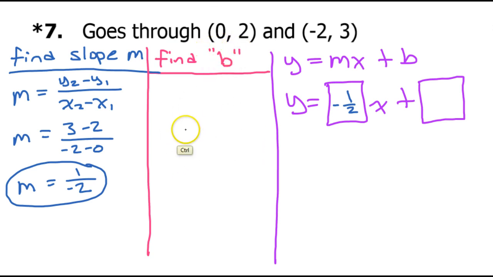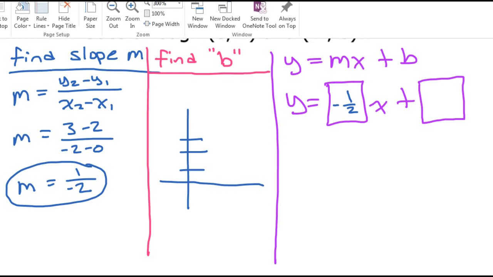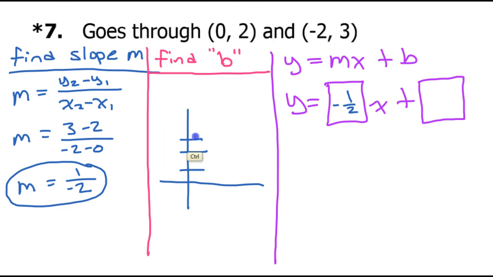Think about it, guys. Understand that the y-intercept is the place where a line crosses over the y-axis. So imagine that I had a line that did something like this. Imagine that this is my line, and it's crossing the y-axis right here. What are the coordinates of that point?